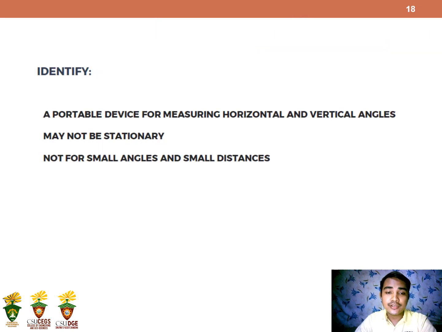And resection, no, we need to identify a suitable device for measuring horizontal and vertical angles. So since dili man siya aluhag man jud kayo, if ever we are going to measure distances from both into the shoreline, which is the 3 fixed points, we need to determine what is the suitable device that we are going to use.